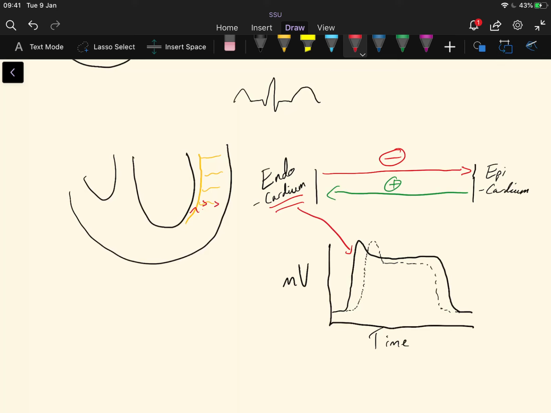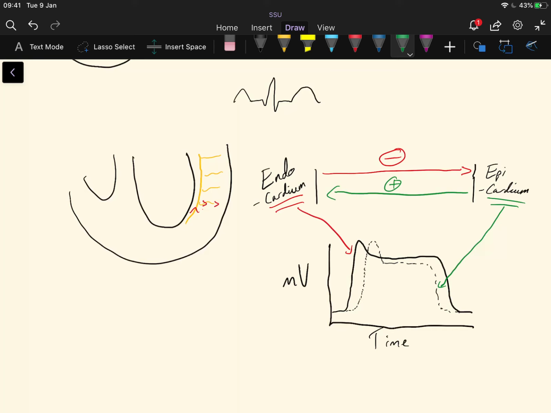Whereas the epicardium, their cells are the kind of lazier one, which is the last to arrive, but also the first one to leave. I'll let you decide which one you are. But hopefully this diagram helps illustrate the point.